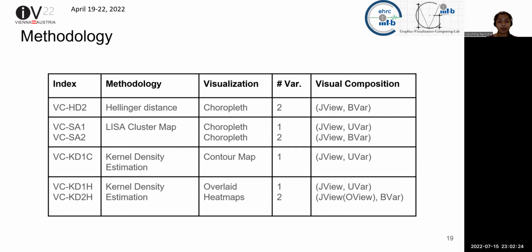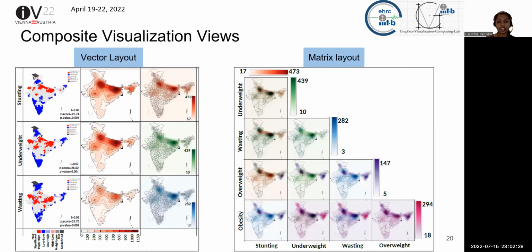We apply the proposed method in a case study of malnutrition in children under 5 as captured by the population survey from India, namely the NFHS4.